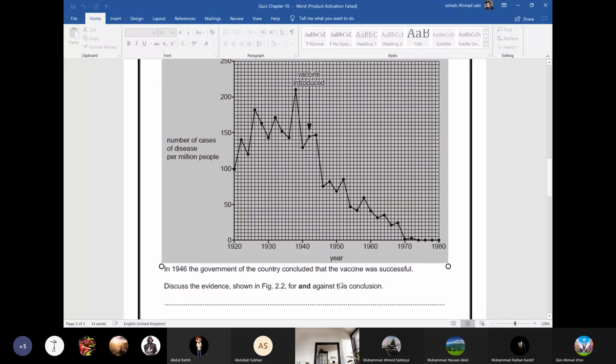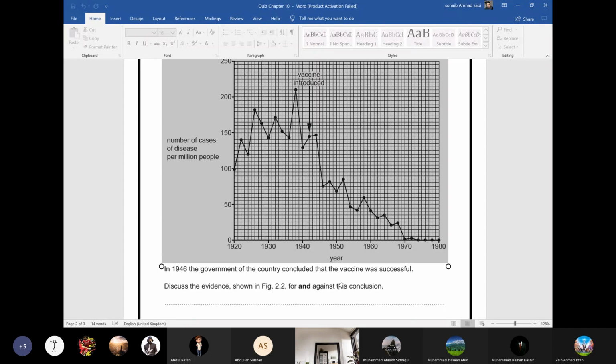Yes, boys, what is in favor and what is against this conclusion of the government that this vaccine is successful? Anyone, boys?